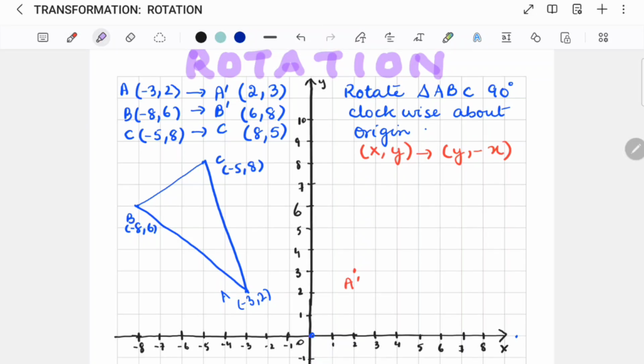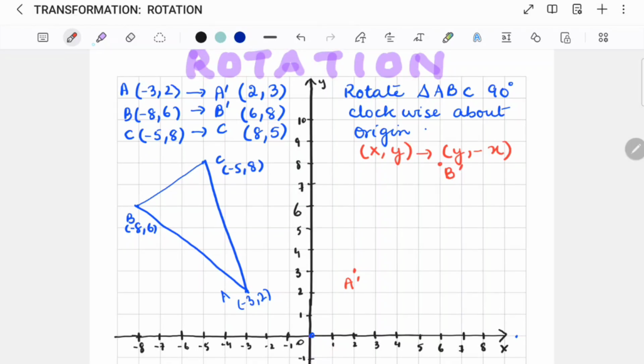Students can also draw this with the help of a compass, ruler and protractor. From this point you come to the origin, and you draw the same length over there, and you know that it is 90 degrees clockwise about the origin. This is the point we found. The next point is (6, 8), so I'm drawing 6 and 8 here.